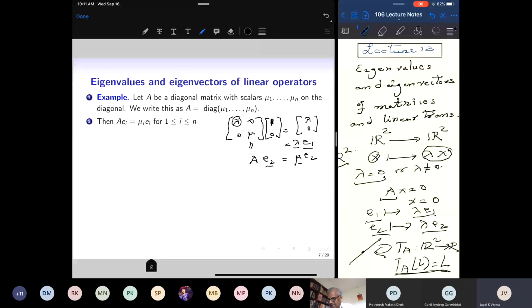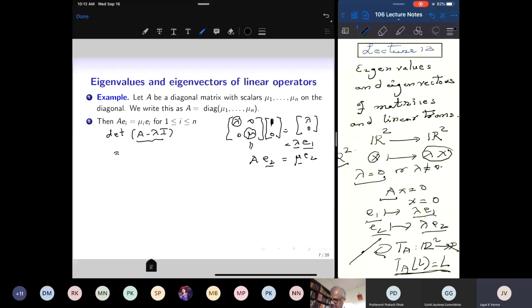So eigenvalues turn out to be the diagonal entries of this diagonal matrix. If I have a diagonal matrix, I see immediately what the eigenvalues are, because eigenvalues are roots of the characteristic polynomial, the determinant of A minus lambda I. This is an n by n matrix. What is this determinant?